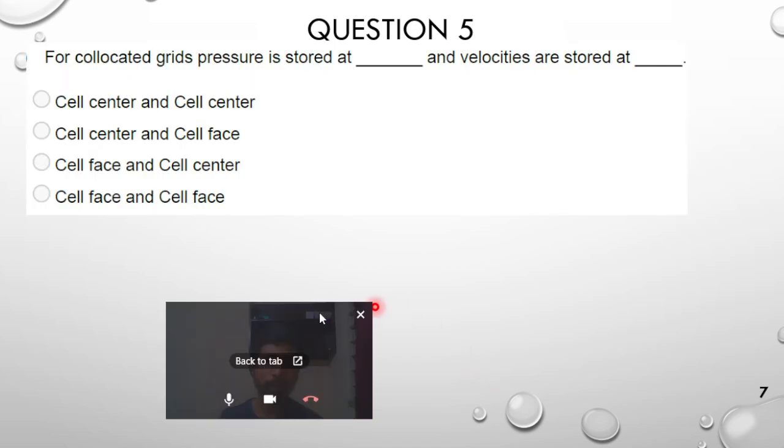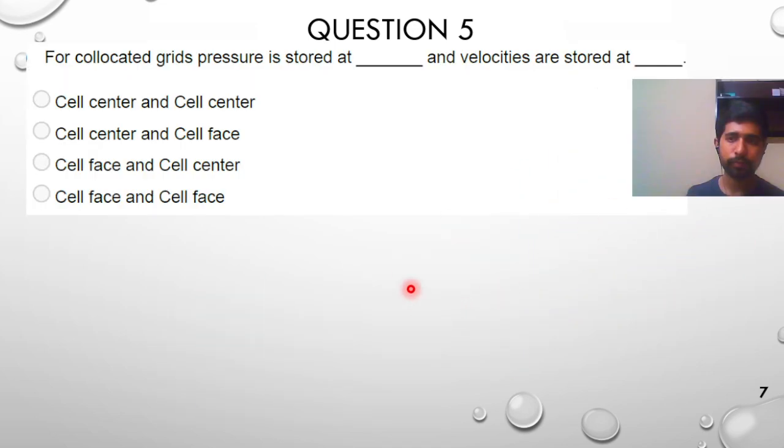Okay, so next question, can you guys answer? For collocated grids, pressure is stored at dash and velocities are stored at dash. So we have discussed what is a staggered grid and what is a collocated grid in the last part of our revision section.